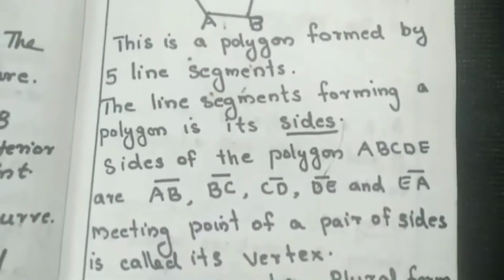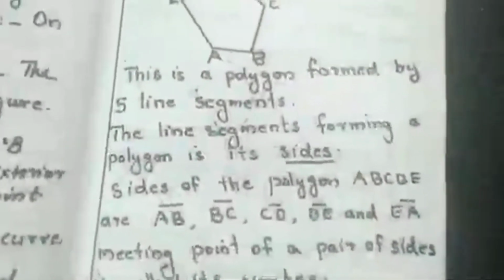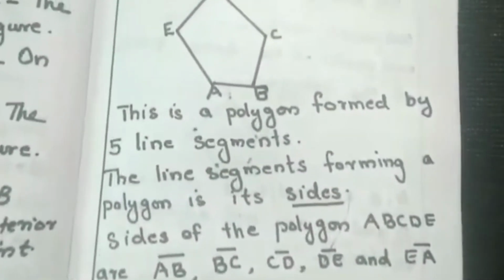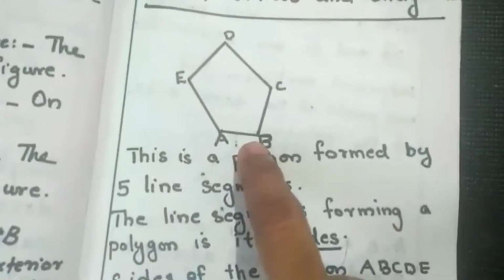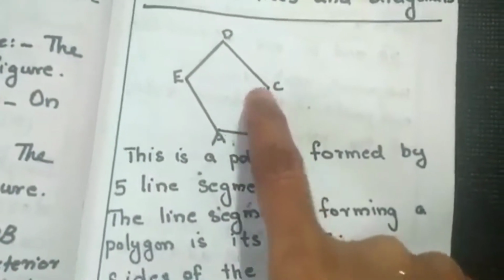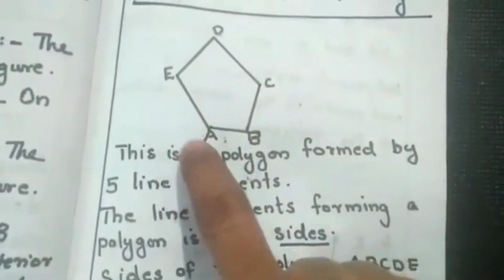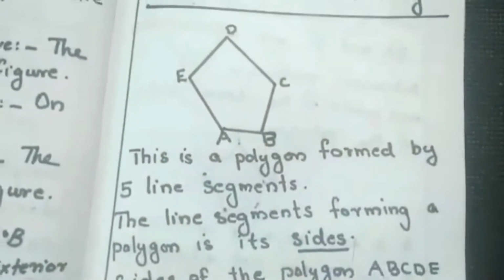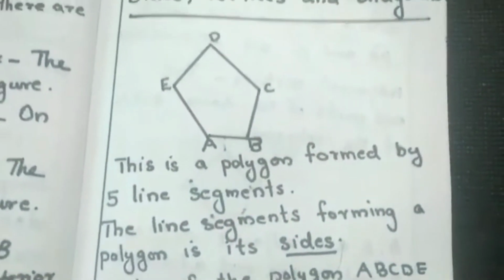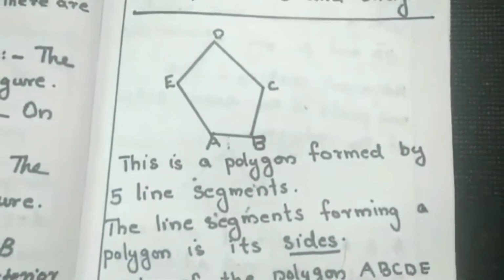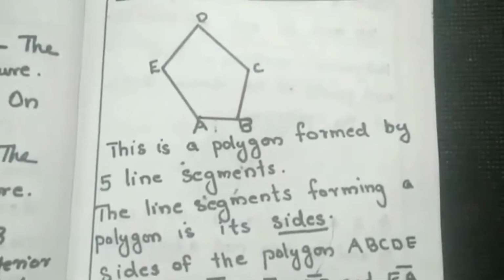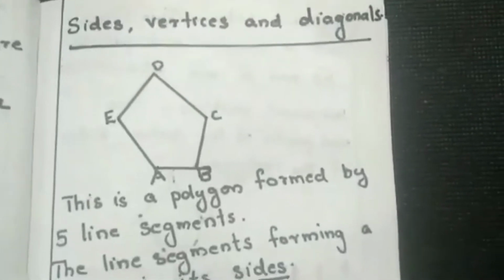So here, AB and BC are meeting at B. This is a vertex. Also, C is a vertex. D, E and A are all its vertices. Vertices is the plural word for vertex.